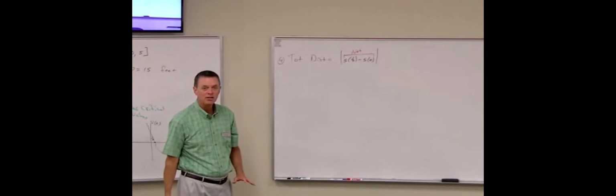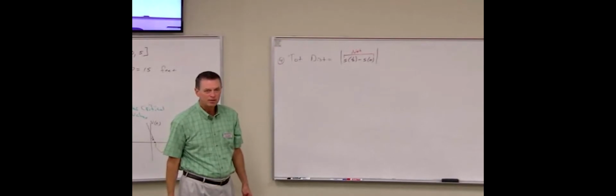What's inside this absolute value? This is just net on that one interval. The absolute value makes it positive, which guarantees I'm just counting total distance rather than net displacement. Net displacement can be negative, but I don't want that for total distance.